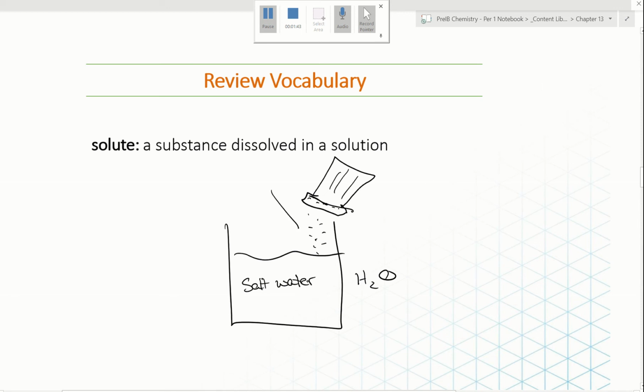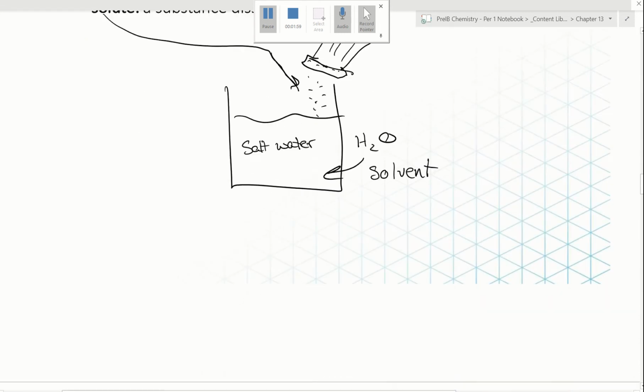The salt going in is the solute. The water here is the solvent. So we have the solvent and the solute. Together they make a solution. So it's just something to remember there.